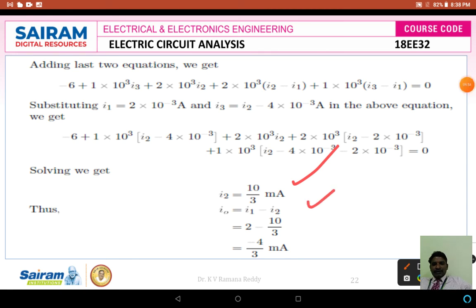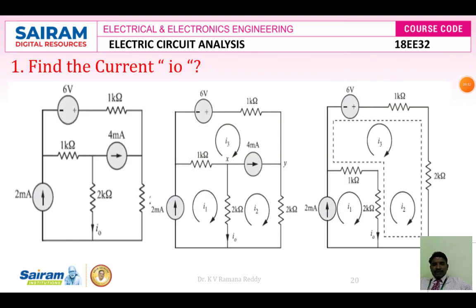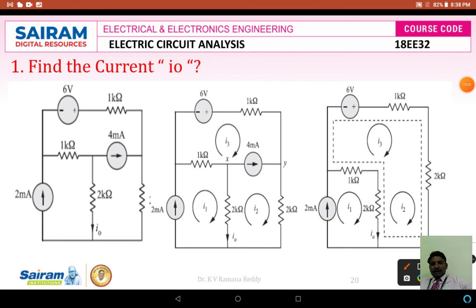How did I write that I0 is equal to I1 minus I2? If you look at the given circuit, I naught is nothing but the current given in the problem. I naught is located between the boundaries of mesh 1 current and mesh 2 current. Among these two currents, which current is in the I naught current direction? That is I1.